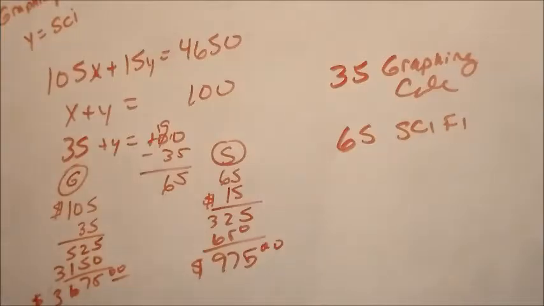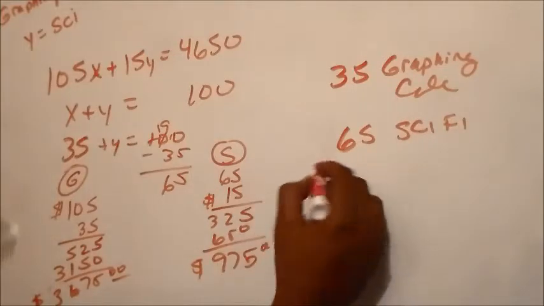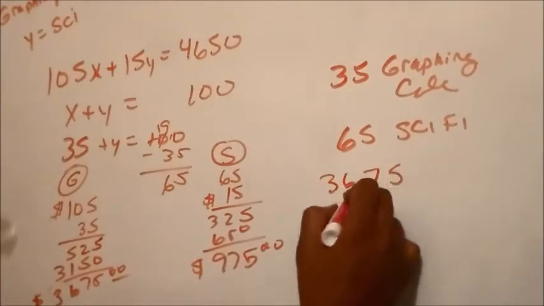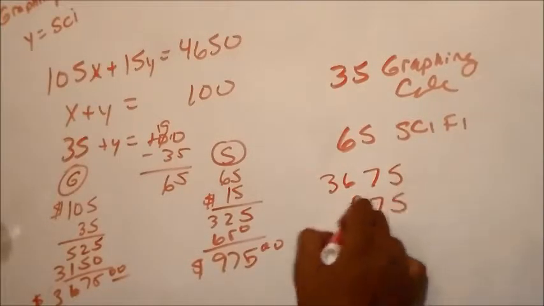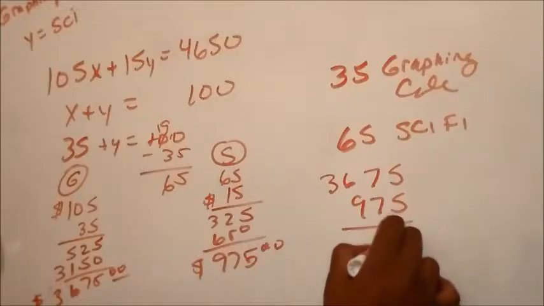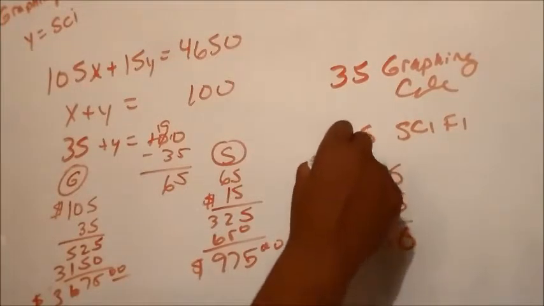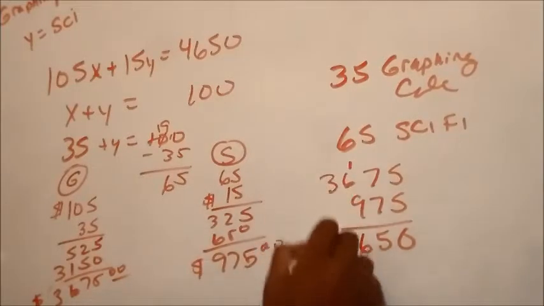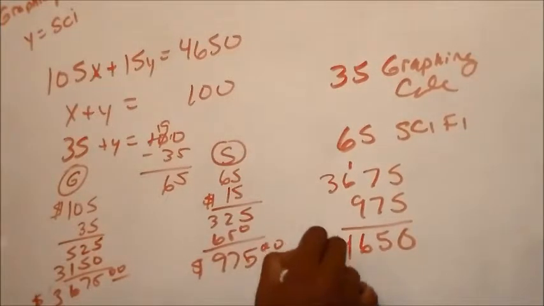So now what we have to look at, if we take this cost and this cost, will it add up to $4,650? Let's take a look. 3, 6, 7, 5, 9, 7, 5. 5 plus 5 is 10, carry 1, 14, carry 1, 15, add a 1, 16.